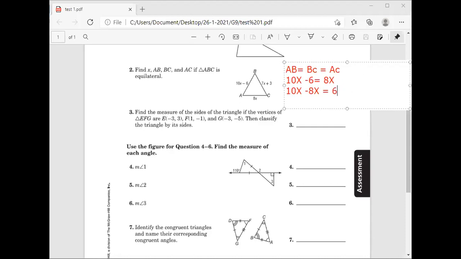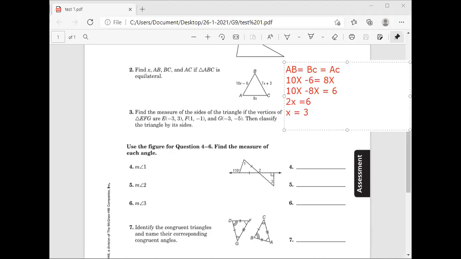Equals 6. Then 2x equals 6, which means x equals how many? x equals 3. Okay, so we found the value of x.